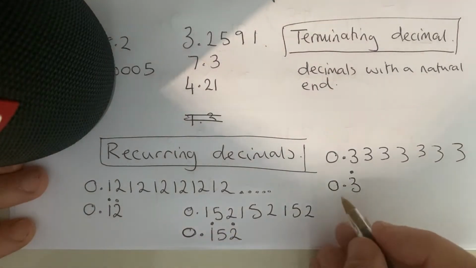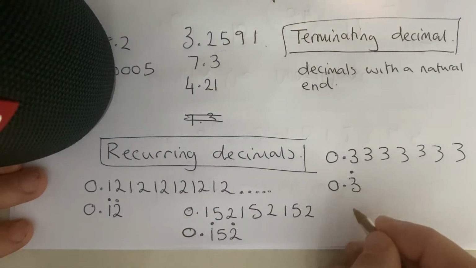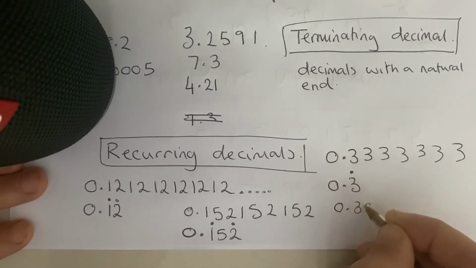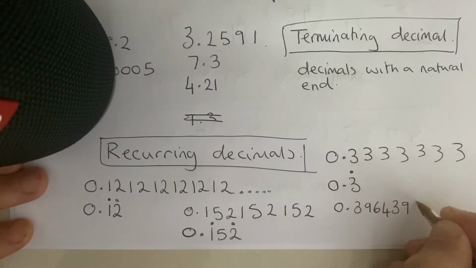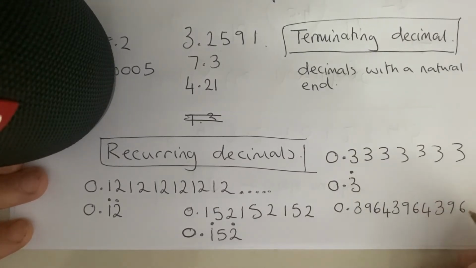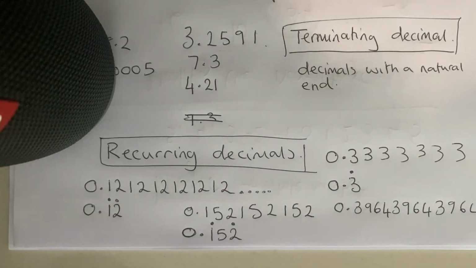So I'll write another recurring pattern over here and see if you can have a think about how you might write that. This time I'm going to have 3, 9, 6, 4, 3, 9, 6, 4, 3, 9, 6, 4. Have a stop and think about how you might write that down.